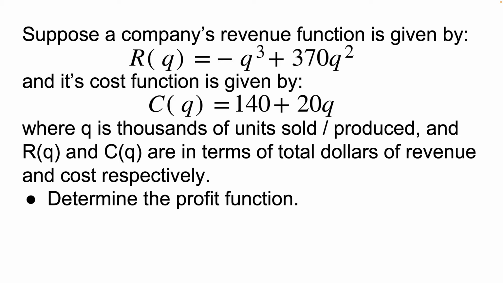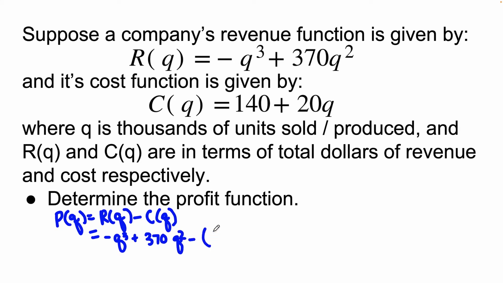Since the profit is always the revenue minus cost, to find the profit function, we want to take the revenue function and subtract the cost function. So we'll take negative Q cubed plus 370 Q squared, and we need to subtract off 140 plus 20Q.